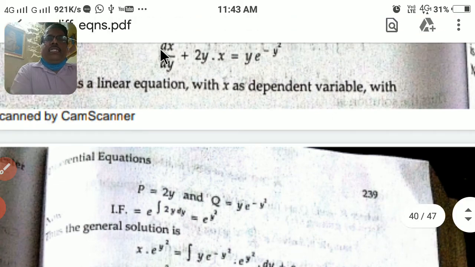Now the general solution: earlier we took y into the integrating factor, but here dx by dy is there, so x into the integrating factor, e raised to y square, is equal to the integration of q into the integrating factor, that is y into e raised to minus y square into e raised to y square dy, plus c. Now e raised to minus y square into e raised to y square cancel, giving e raised to 0, which is 1.